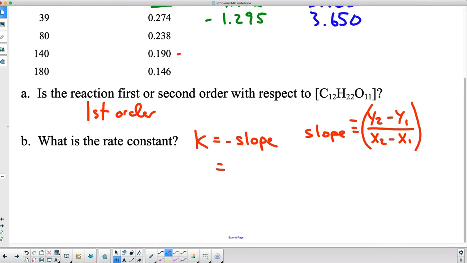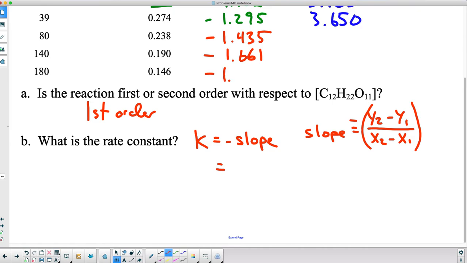Where are we at? That's not the right one. I don't have this one up here. Let me just take the next one here, 0.238 natural log, 435.190 natural log, 1.661, and the last one is 0.146 natural log.